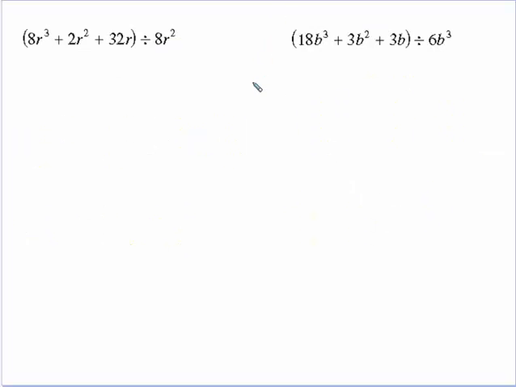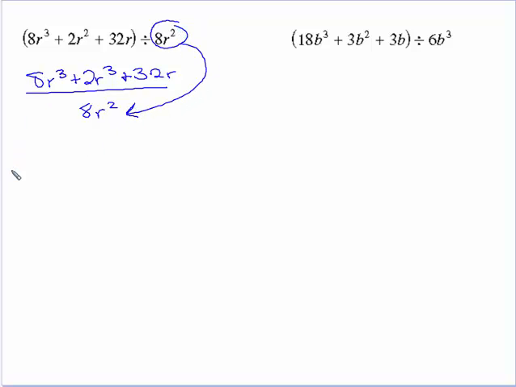Finally, division can look like division. We use the division sign. This is the same thing as this. So whatever is after the division sign goes in the denominator.